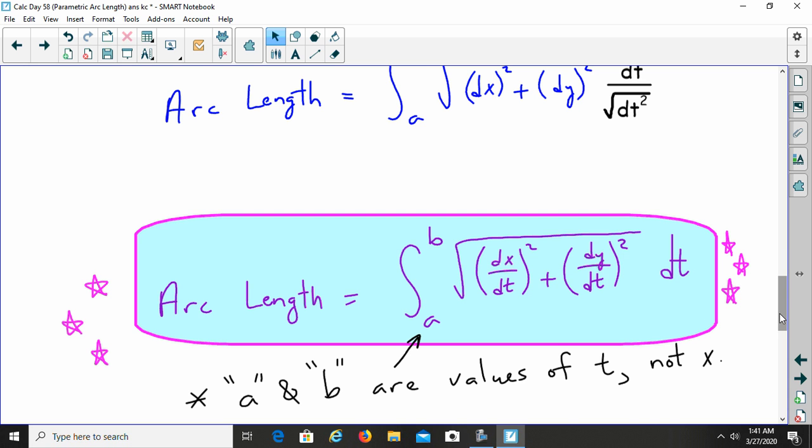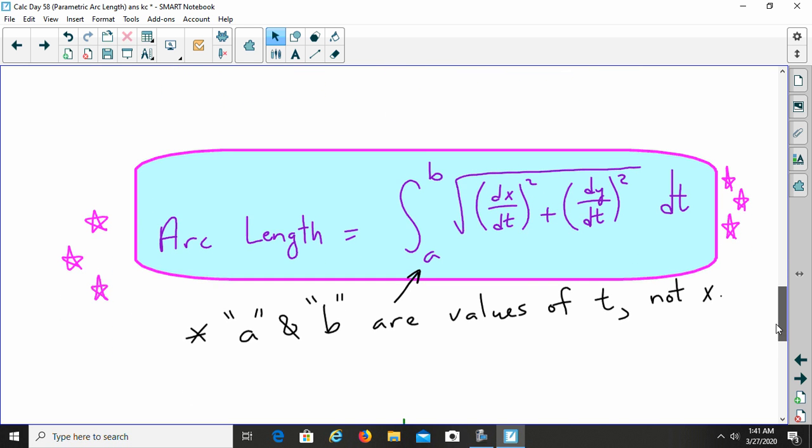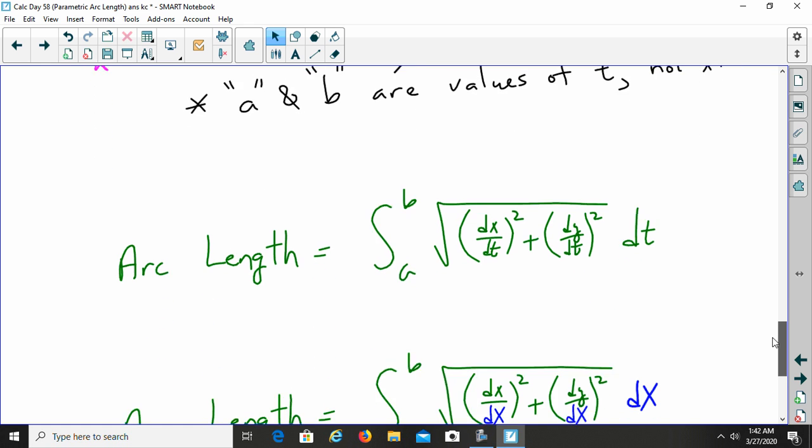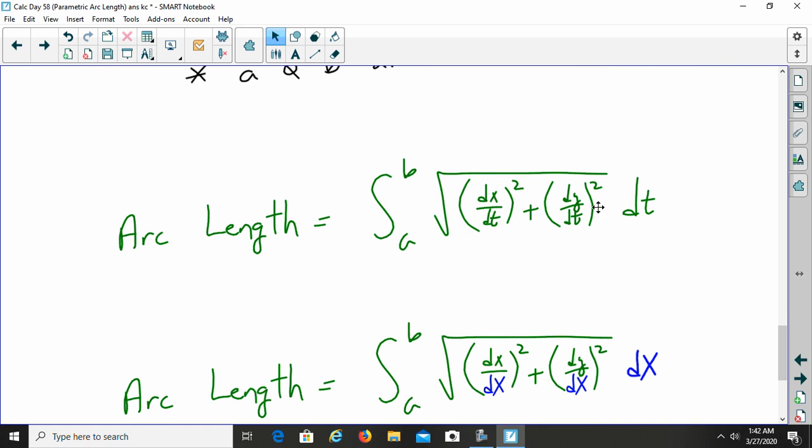Something else that I think is pretty fascinating before we take a look at an example. If I rewrite that formula down here in green, if instead of multiplying by dt over dt and bringing in the denominator dt, we had instead multiplied by dx over dx, that's like changing all these dt's into dx's.